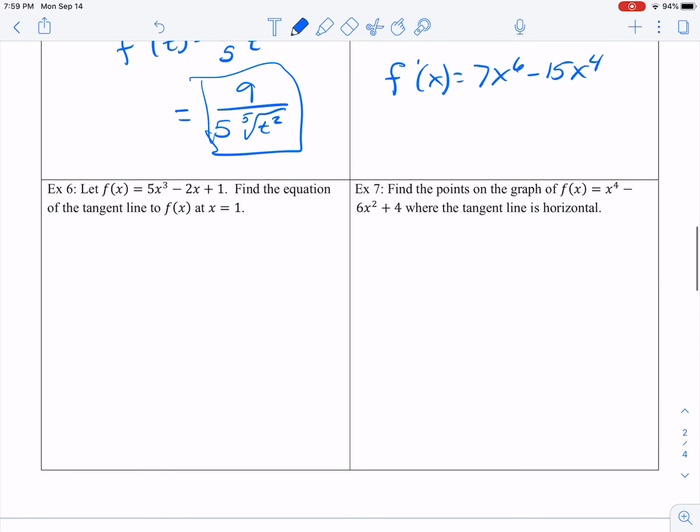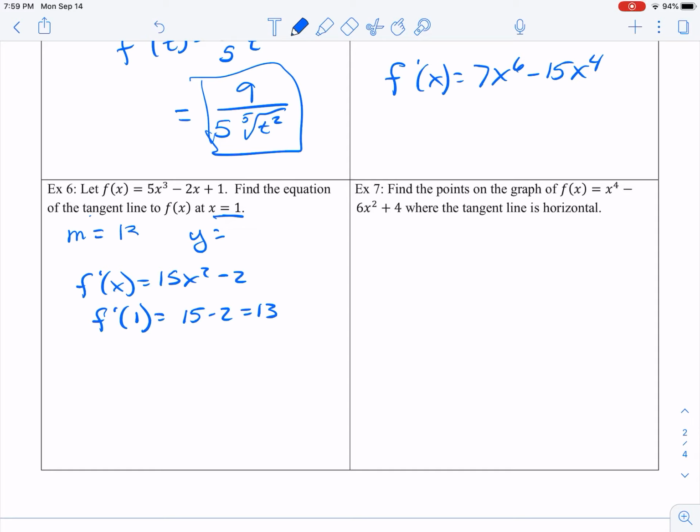We're going to do one of these. Find the equation of the tangent line at x equals 1. To do the equation, you need to know its slope, and you need to know y, and they gave us x. So to find slope, you take the derivative, 15x squared minus 2. F prime of 1 is 15 minus 2, which is 13.